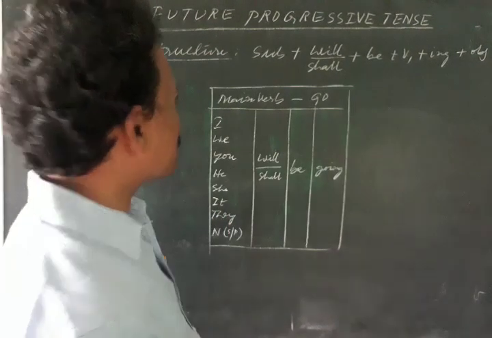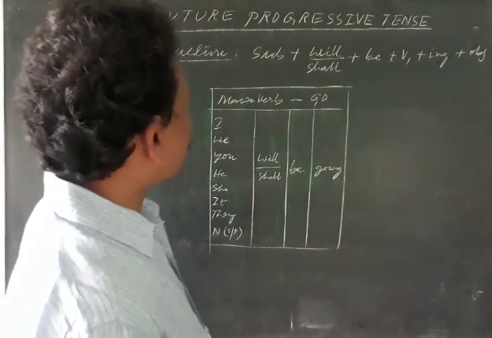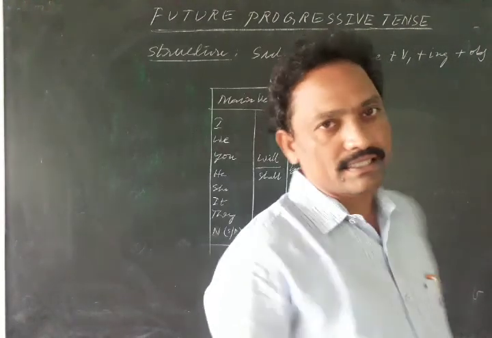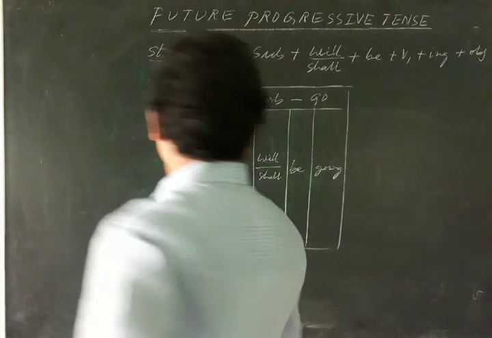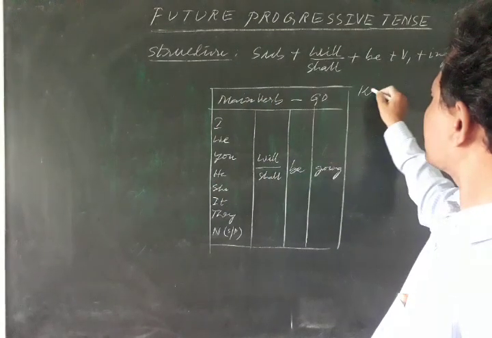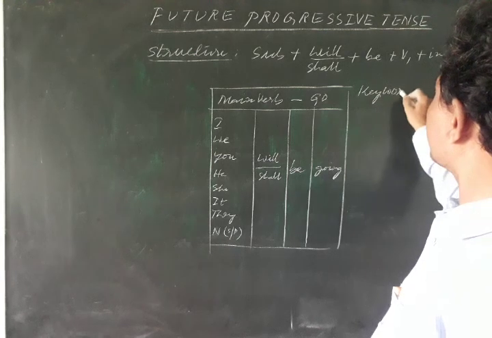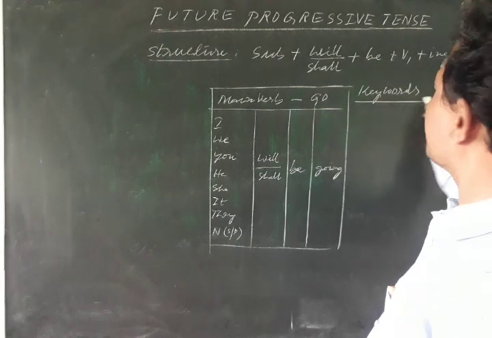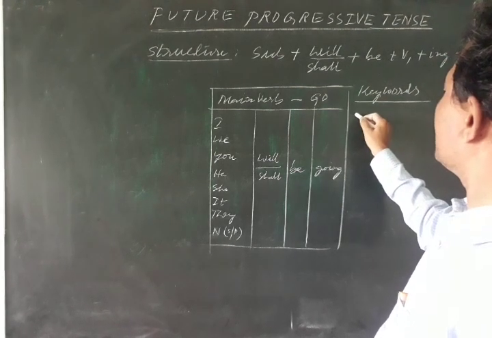This is the structure of future progressive tense. Okay. Then let me write keywords here. What are the keywords of future progressive?